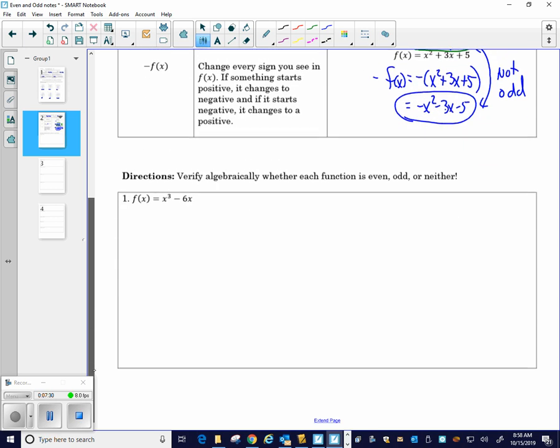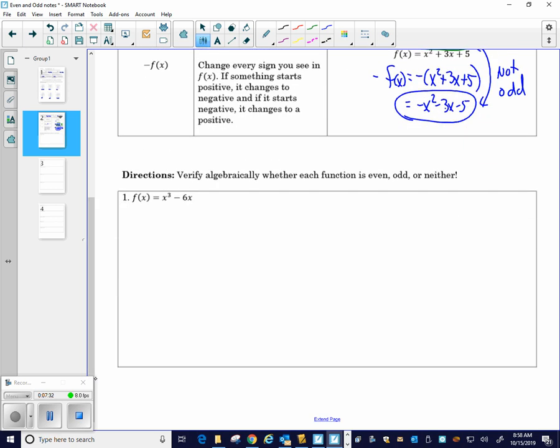All right. Let's take a look at some more examples. So we're going to just determine algebraically whether the function is even, odd, or neither. Again, the easiest thing to do is check for even first. The even test says plug in negative x for all the x's. So if I do that, I'm going to get negative x cubed minus 6 times negative x.